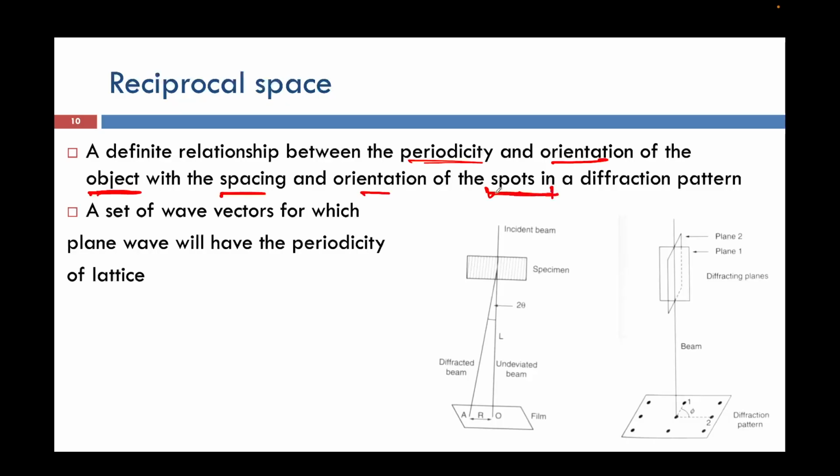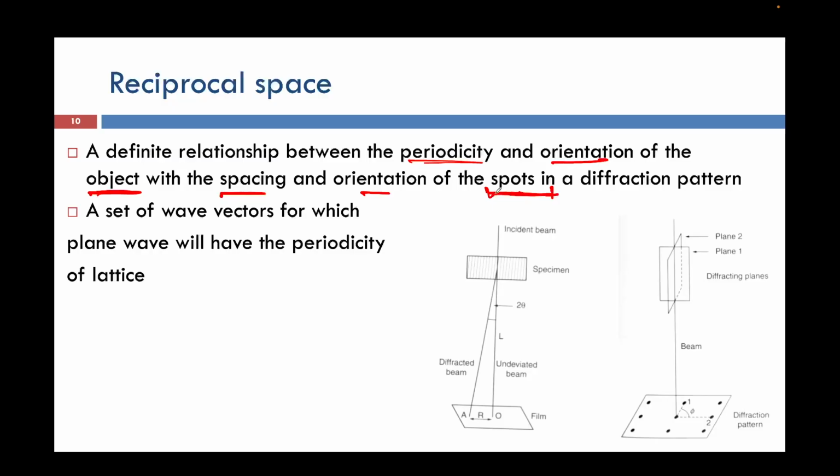As Laue did his first experiment in transmission mode, taking zinc blende material, he observed that the diffracted spots always change their position according to the orientation of the crystal, right? So reciprocal space is nothing but a set of wave vectors for which a plane wave will have the periodicity of the lattice.